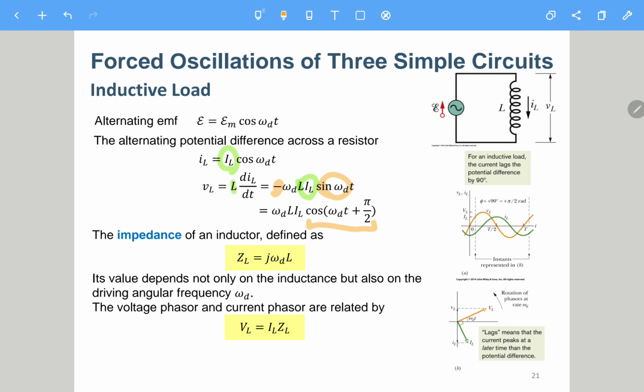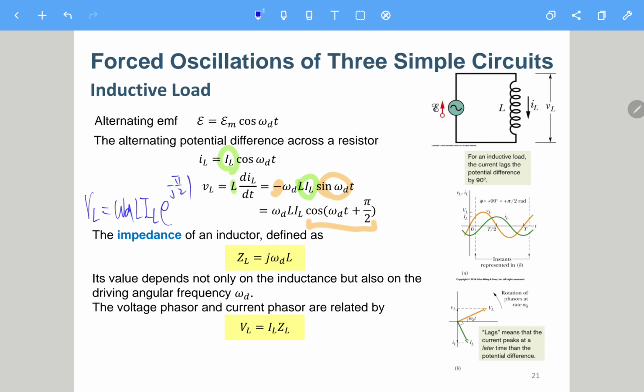So here we also consider that this V_L is the phasor V_L, and this one is actually omega_d L I_L times exponential of j pi over 2.